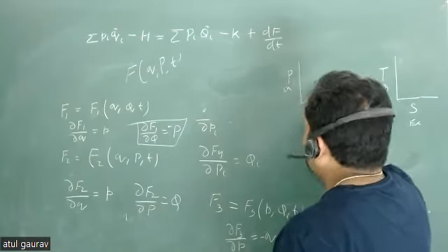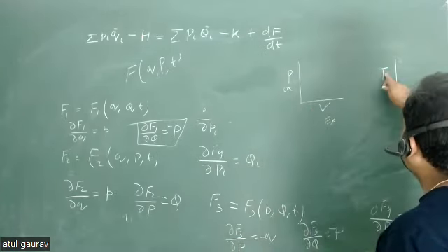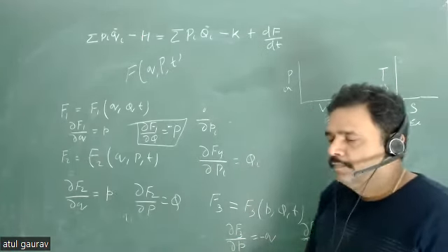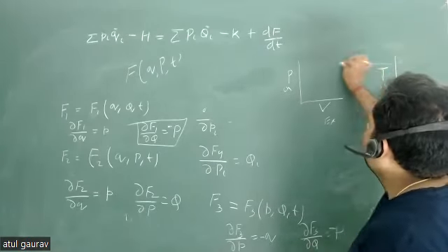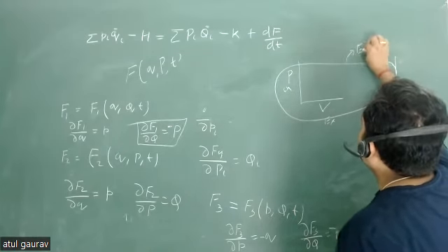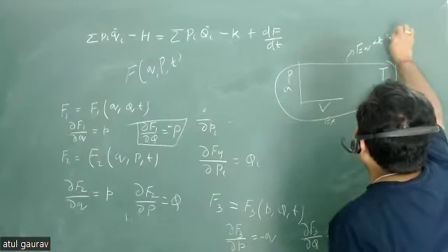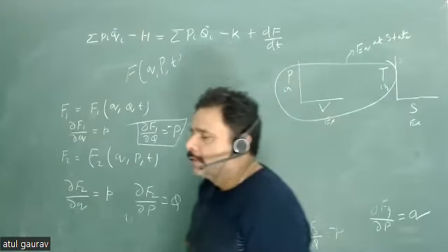P into V will always give you the dimension of energy. S into T will always give you the dimension of energy. The real challenge is that you can easily connect pressure, volume and temperature from the equation of state. Where can we get that? From the equation of state.